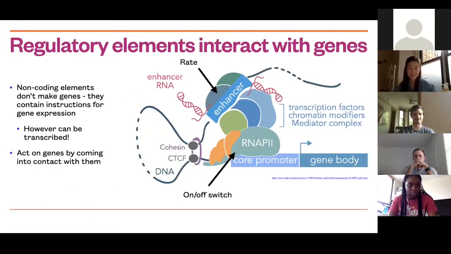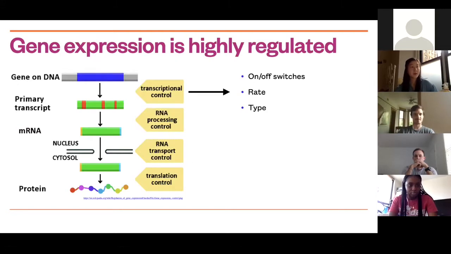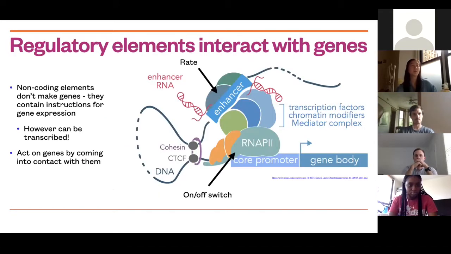So I talked a bit about how genes can be turned on and off, and the rate of their expression can be varied. One way in which cells can do this is by regulatory elements. These are parts of DNA that don't actually code for anything. So if you transcribe them, they don't form a protein.